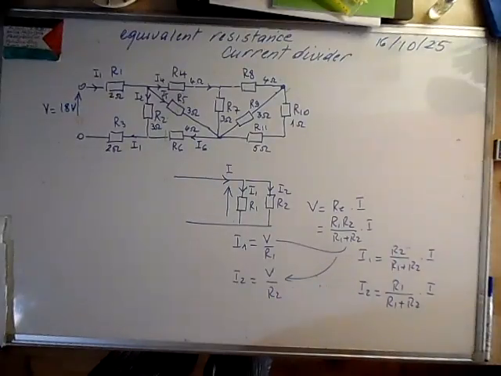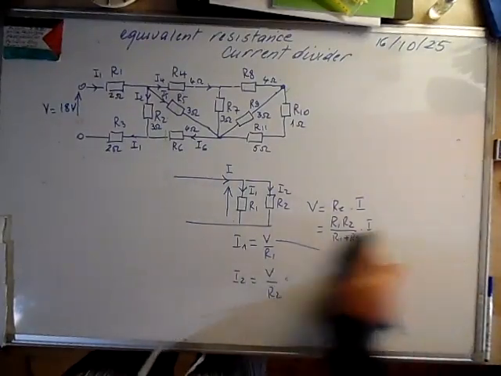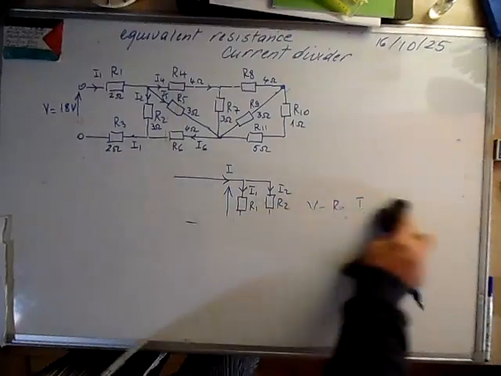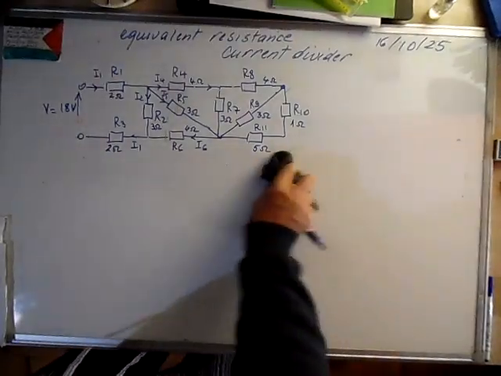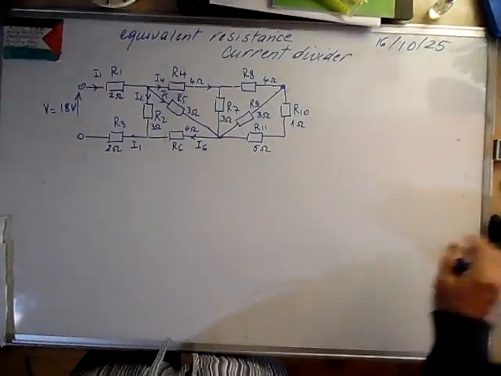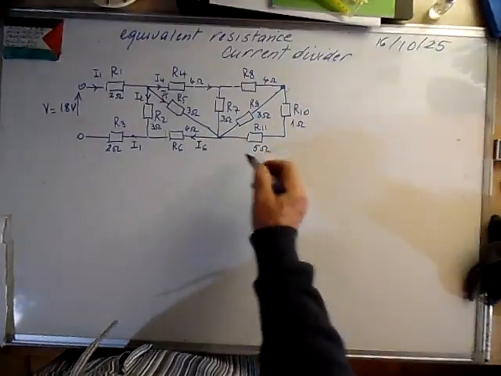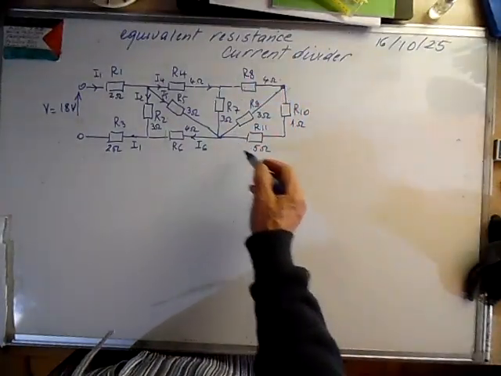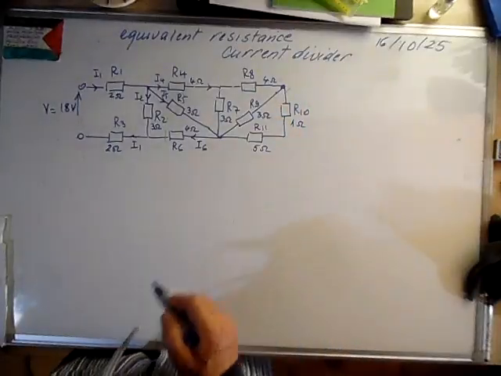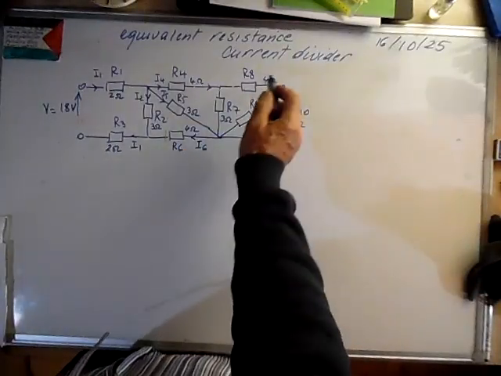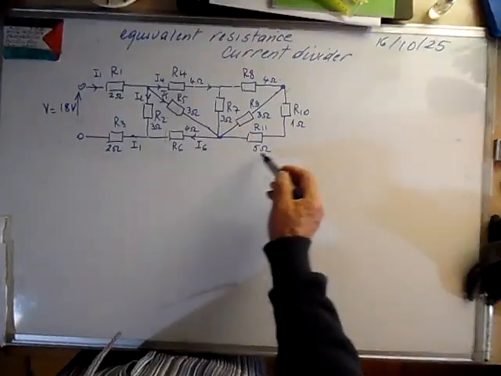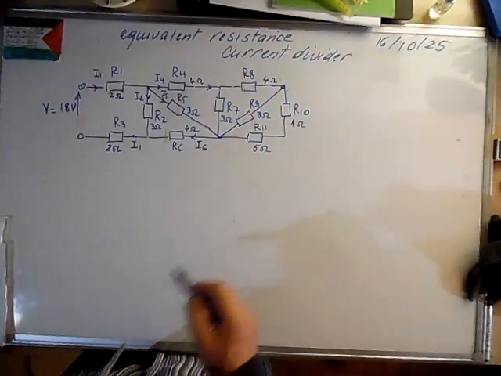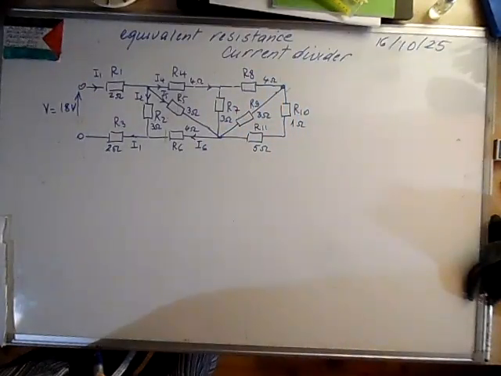And the current divider we will use when we have two resistors in parallel. For example, R9 and these two are in parallel, R7 and these four resistors are in parallel, R5 and these are in parallel. So we will use the current divider when it's needed.